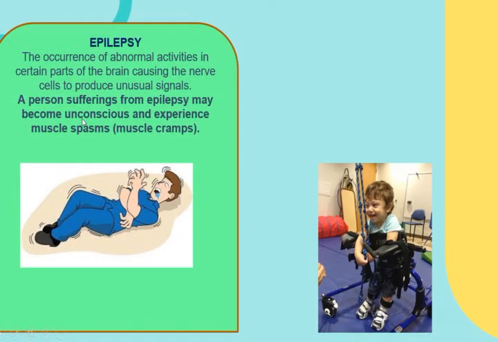Next we go to epilepsy. Epilepsy is the occurrence of abnormal activities in certain parts of the brain, causing the nerve cells to produce unusual signals.